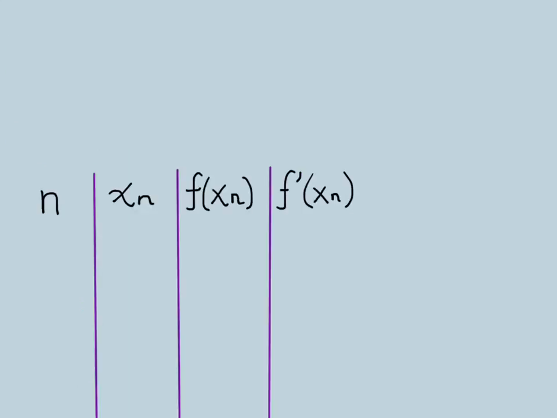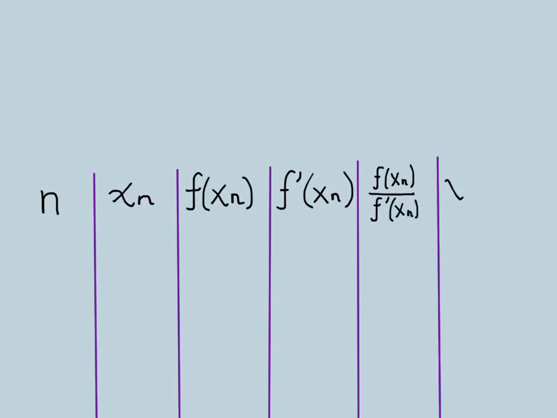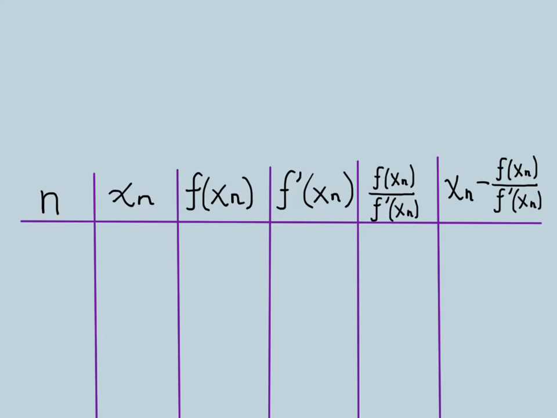Remembering this process is not difficult if you can just remember how to make the following chart. In the first column we have n. That's how many iterations we've done. The second column is x sub n, and that's the guess. The third column we plug in f of x sub n, so we want to find the y value.